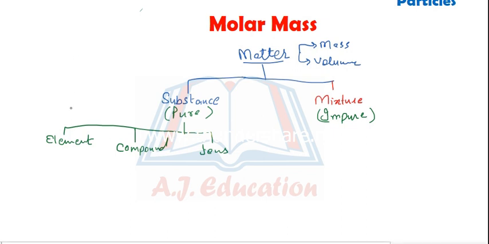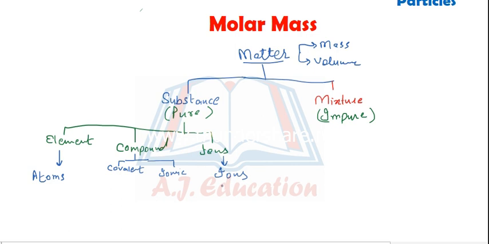Alright, the element contains atoms. The compound could be covalent, or it could be an ionic compound. The ions are always ions.